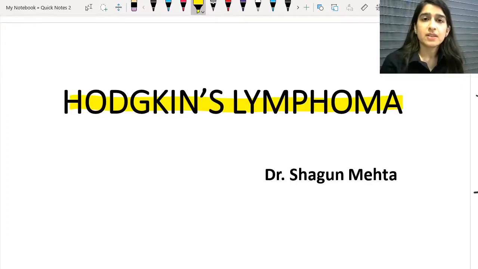So this gives us the most common presentation of a patient of Hodgkin's lymphoma: painless enlargement of the cervical lymph nodes. The second thing the patient tells you is that he has fever, but there is a peculiar thing about it. He has fever for 1 to 2 weeks, then it comes to normal, and then again he has an episode of fever, which strikes in your mind that the patient is having cyclical fever.